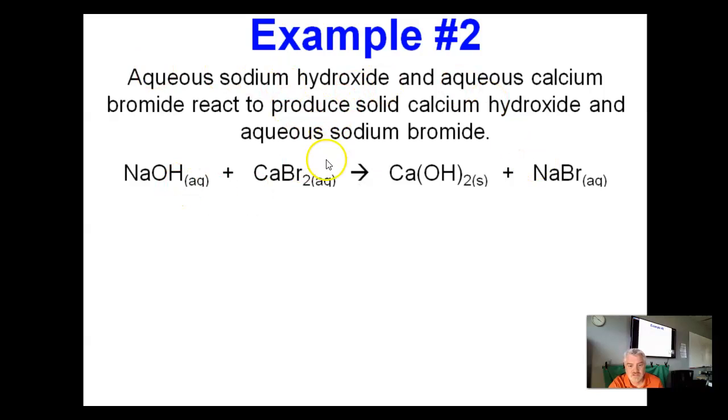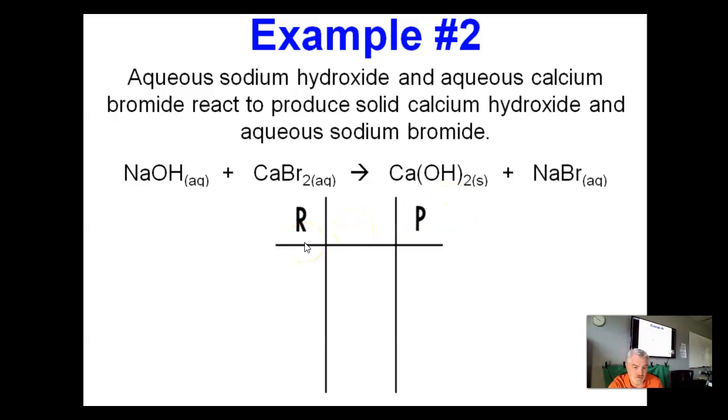NaOH plus CaBr2 yields Ca(OH)2 NaBr. This is an example of having a polyatomic ion, by the way. So sodium is an atom here. We have sodium here. OH, you'll notice OH is here, and it's over here. So we're going to list it together as a polyatomic ion. Calcium and bromine.